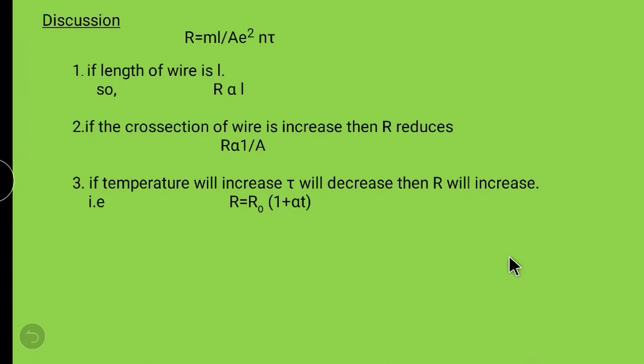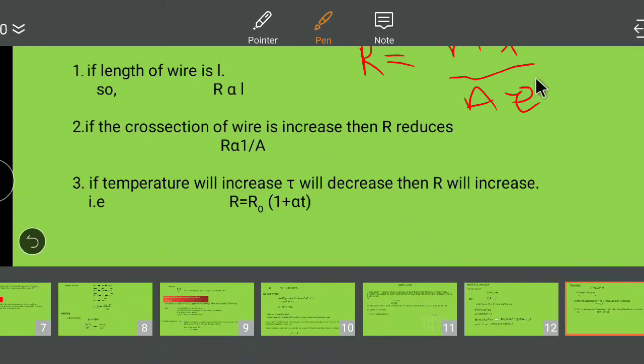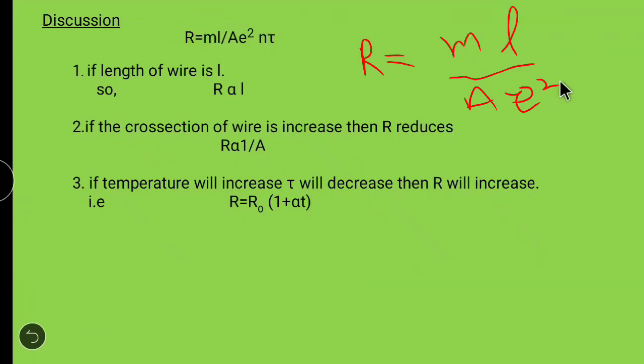So now students, we have got a formula R is equal to m L upon A e square n tau. This formula we have found out.